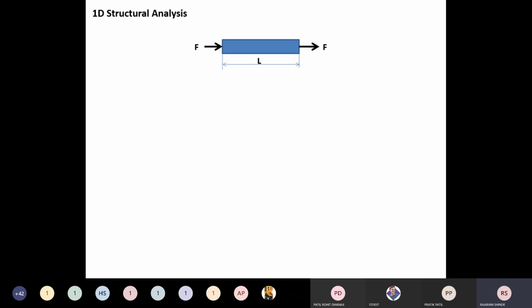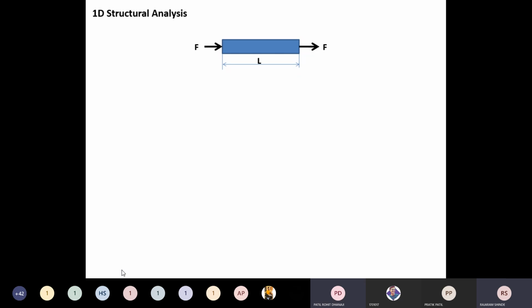Detailed discretization we will discuss later, but here I will tell you some basic rules of discretization. The first basic rule is selection of the element for the discretization. You have to check the geometry first.